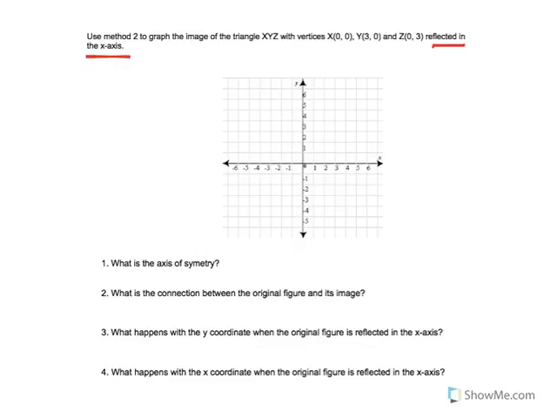So let's draw our original figure. Our original figure is X is 0, 0. Y is right here. And Z is going to be right up here. Connect our lines. And we have a triangle.